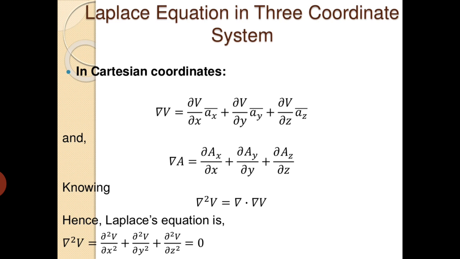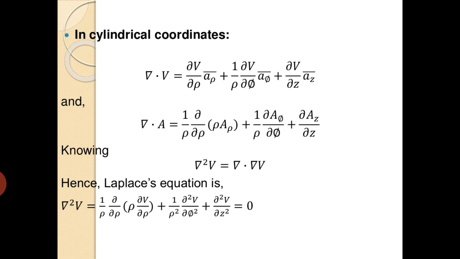Next we see the cylindrical coordinate system, having already gone through Cartesian. In the cylindrical coordinate system, the equation for potential is del v equal to dou v by dou rho a rho unit vector plus 1 upon rho dou v by dou phi a phi unit vector plus dou v by dou z az unit vector.